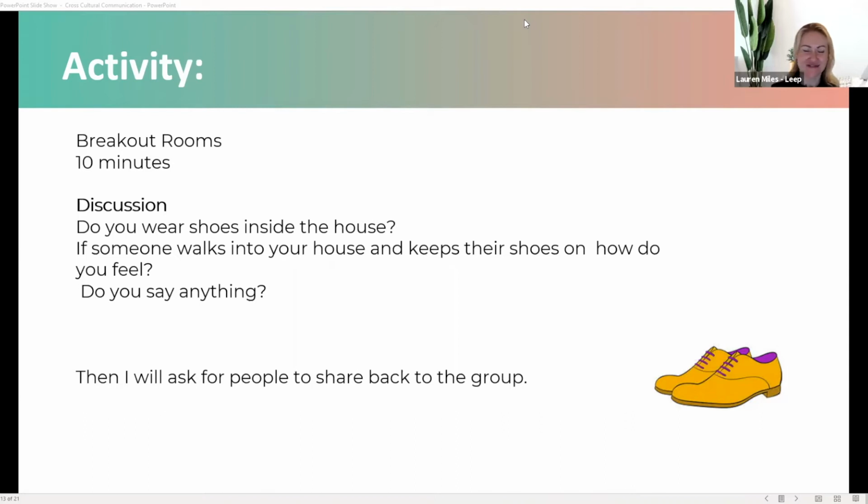I love this example because I have been in situations where I've walked in with shoes and people have gone, okay, put them back on, and vice versa, like take them off. It's an interesting one because we have a reaction. If you don't want shoes in your house and someone walks in, sometimes you can't help it, you just go, oh.